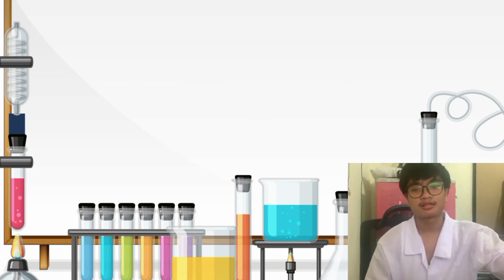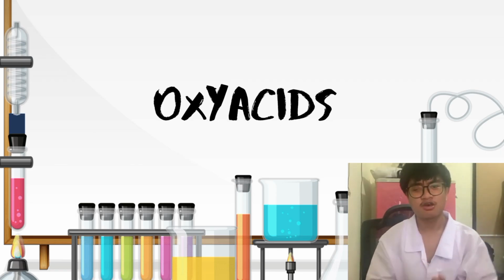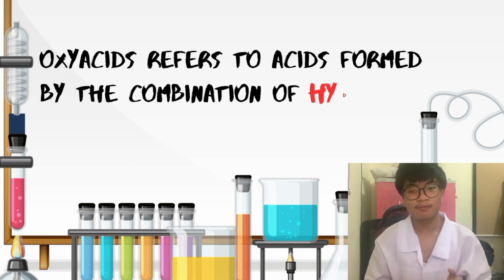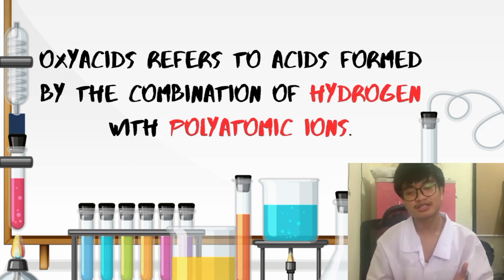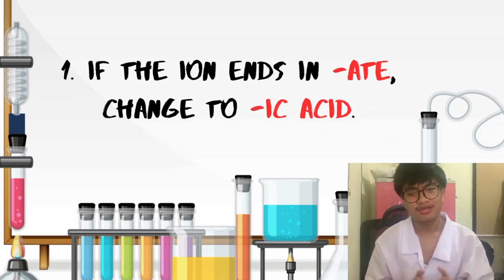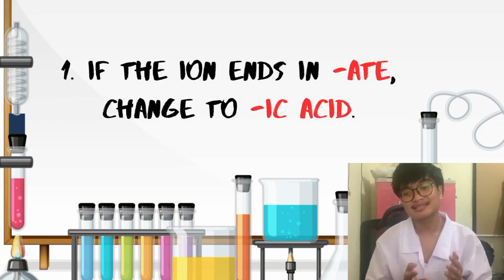And now let's go to oxyacids. Oxyacids. What are oxyacids? Oxyacids refers to acids formed by the combination of hydrogen and polyatomic ions. If the ion ends in ATE, change it to IC acid.